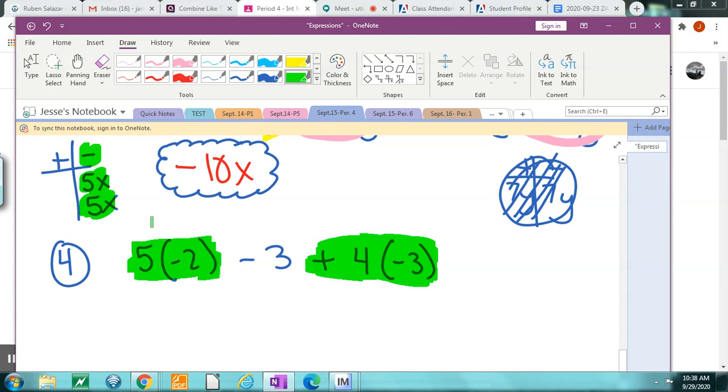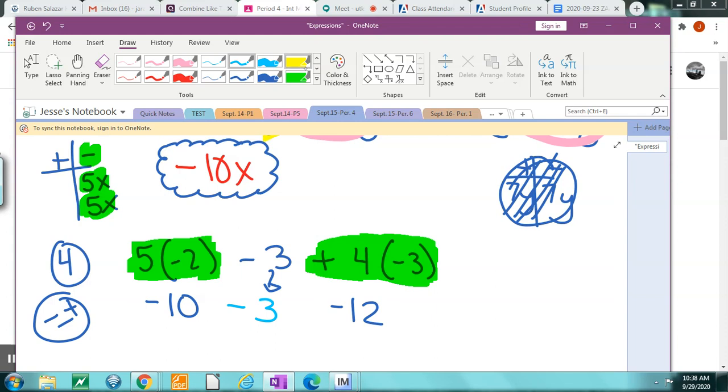Remember, positive times negative is always a negative. The only one that changes is negative times negative, which is positive. So this is negative 10. And this is also going to be negative 12. What happens to the negative 3? Bring it down.